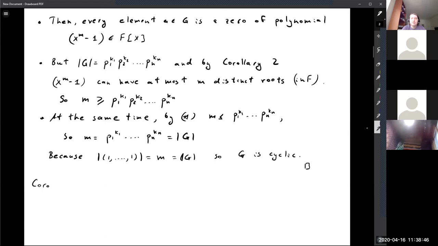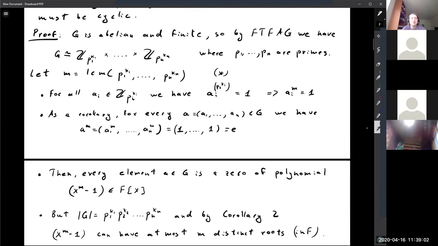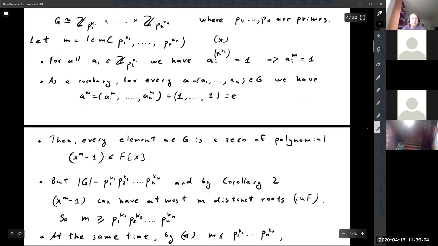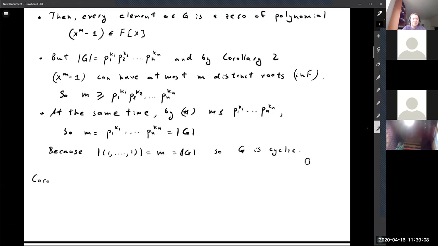Well, can we have something like Z2 times Z3, with two different primes? No. Oh, sorry. Yeah, but it's cyclic. You're absolutely right. Because Z2 times Z3 is Z6, it's a cyclic group. Sorry, I rushed into this.